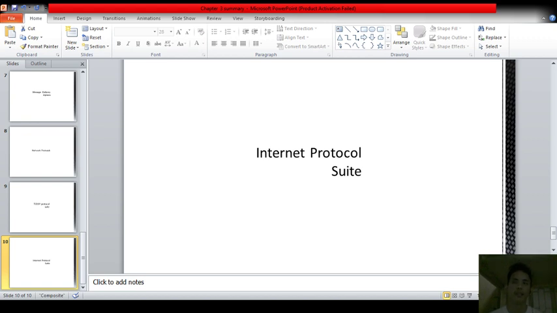It is a suite of protocols required for transmitting and receiving information using the internet. Of course, we all know that not all of the content on the internet is guaranteed safe. So these protocols are there in order for the users of the internet to have safety in accessing different kinds of websites.